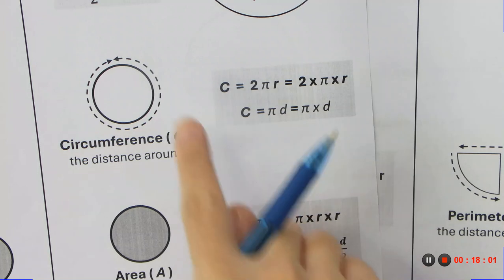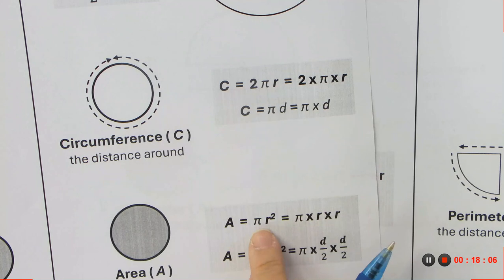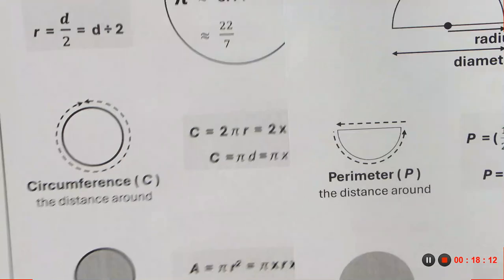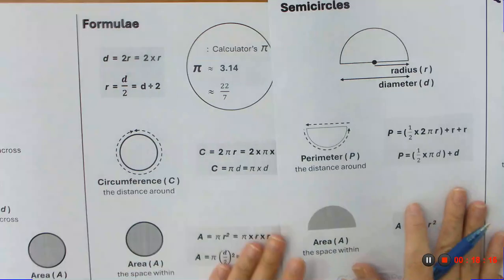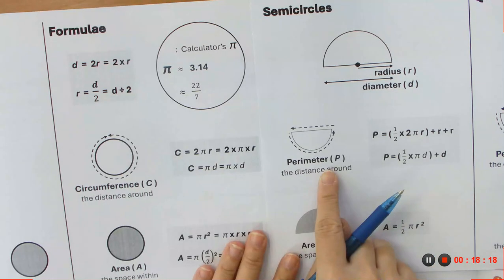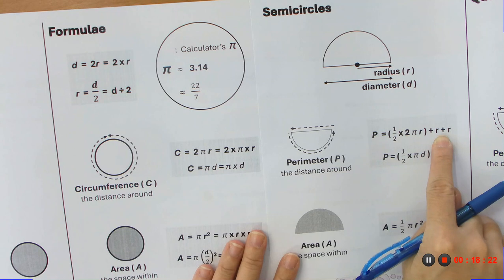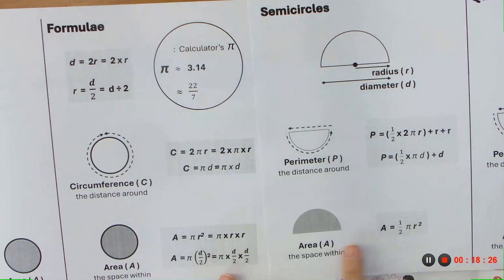The formula of a circumference is 2 pi r. The formula of the area is pi r squared. Now, look at the semicircle. Compare them side by side. Now, for the semicircle, when I find the perimeter, how is this formula adapted from the circumference of a whole circle different from the area one?